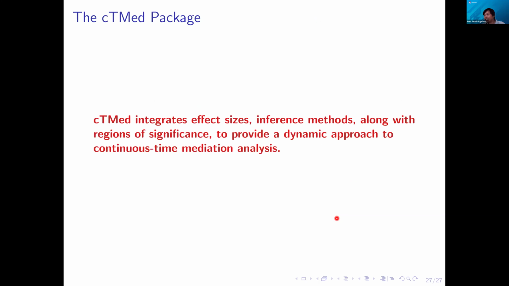All of these, the visualization and the calculation, are in the cTMed package. It integrates all the computations for effect sizes, generating confidence intervals, plotting how effects change across time, and uncertainty quantification.